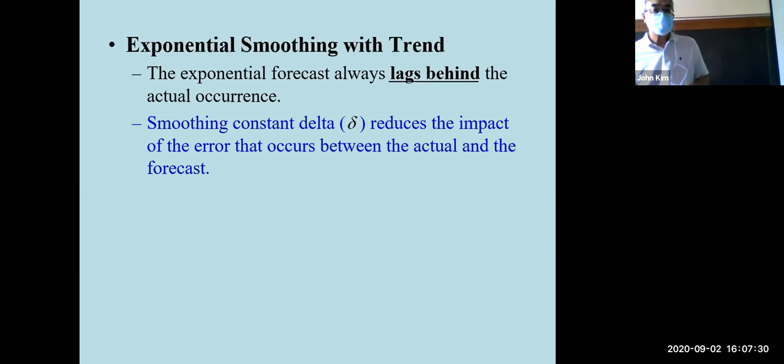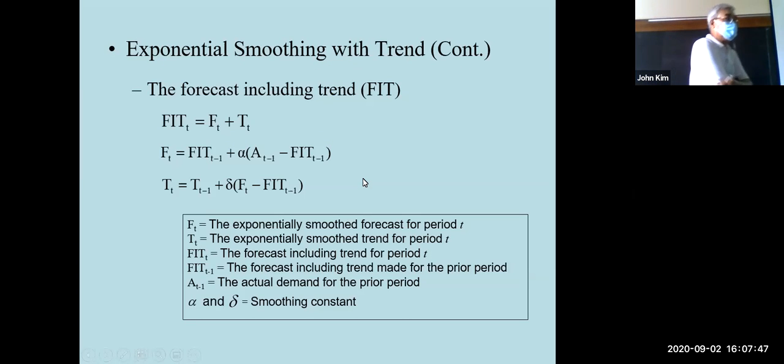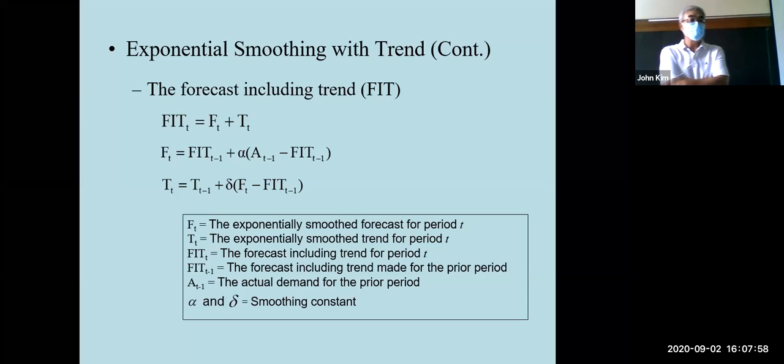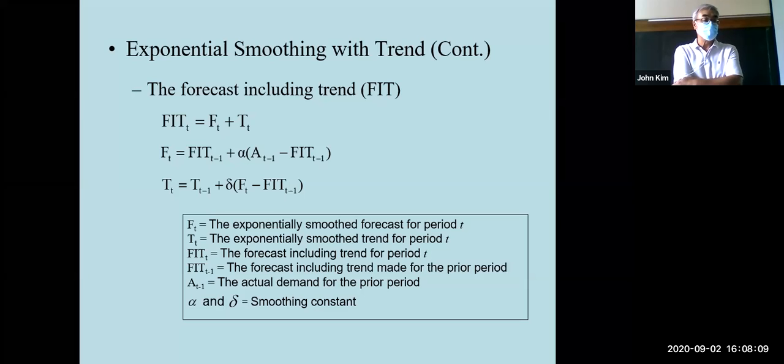We call this technique exponential smoothing with trend. The formula is more complicated. FIT, forecast including trend, for term t equals the term t forecast.